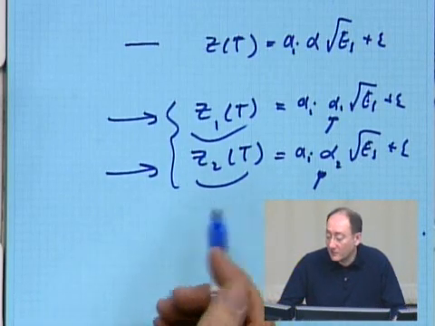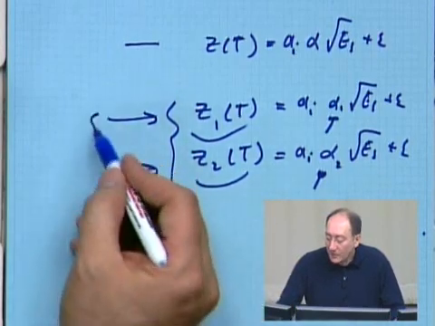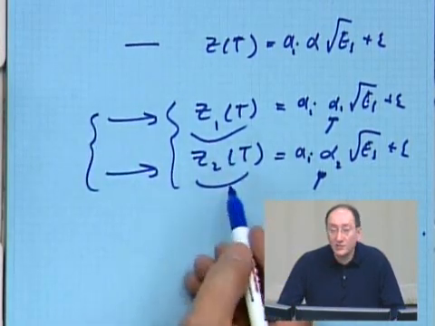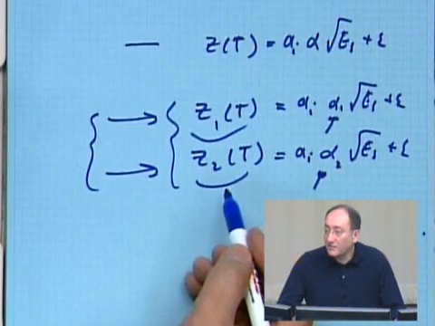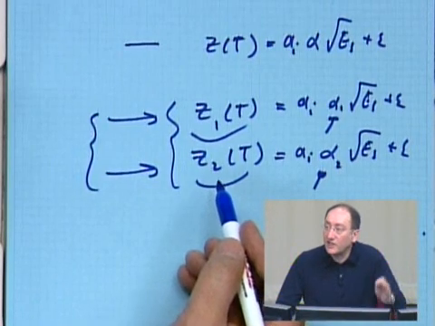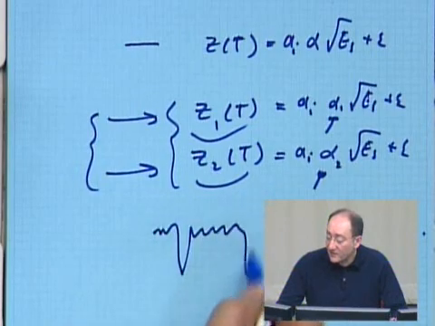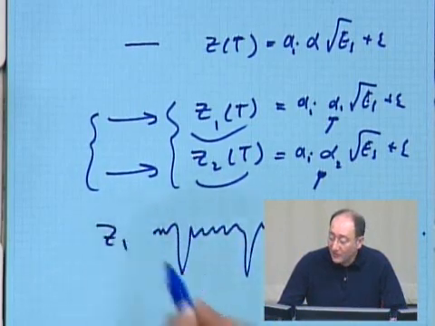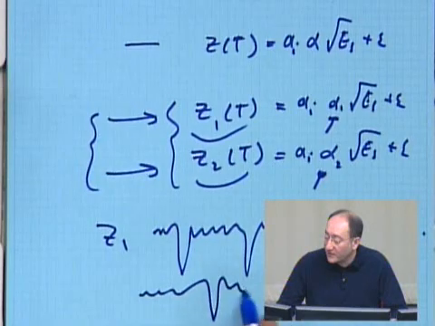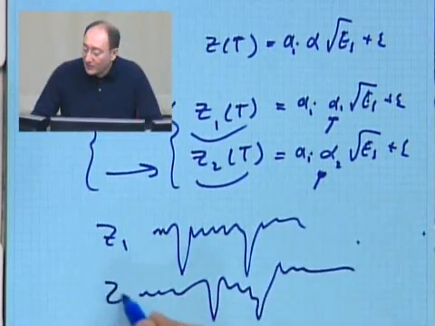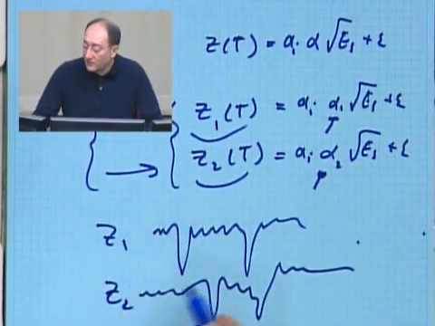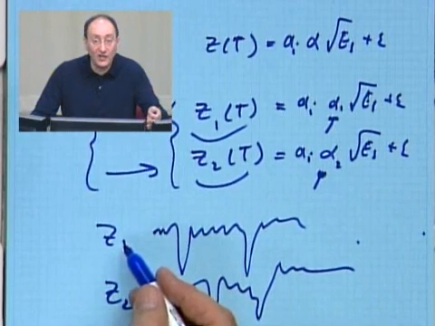What does post-processing mean? Means that, for example, I can take Z1 and Z2 and say that whichever is stronger, I take that. So this guy was fading like this, and this is Z1, okay? And then Z2 was fading like this. Okay? So anytime that Z1 is greater, I take Z1.